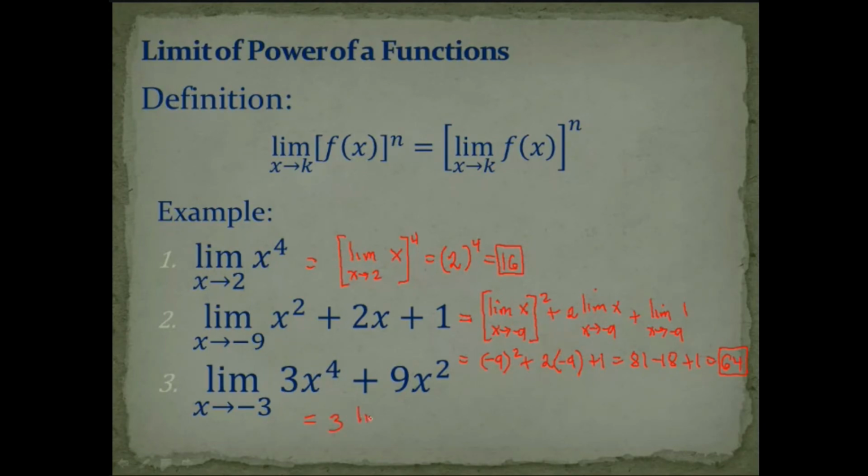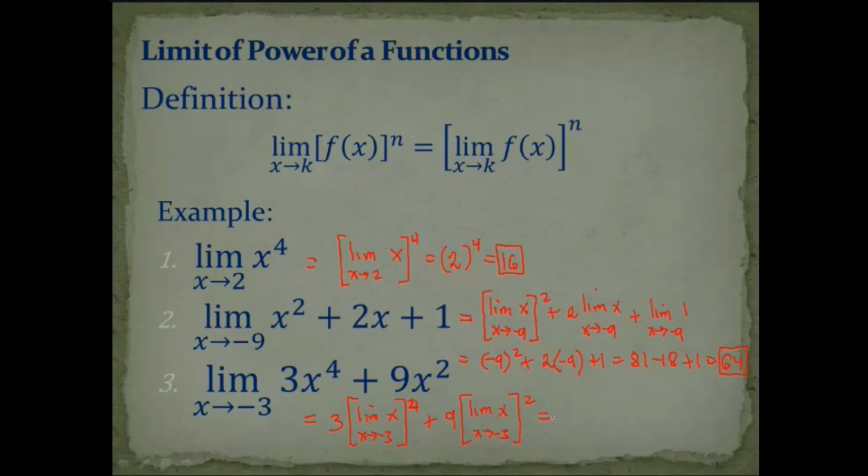Then limit of x as x approaches negative 3. Since may exponent ito, lagyan natin ng bracket or parenthesis. Raised to 4 pala ito. Plus, same with yung sa first term, may constant na 9, and then limit of x as x approaches negative 3 squared.